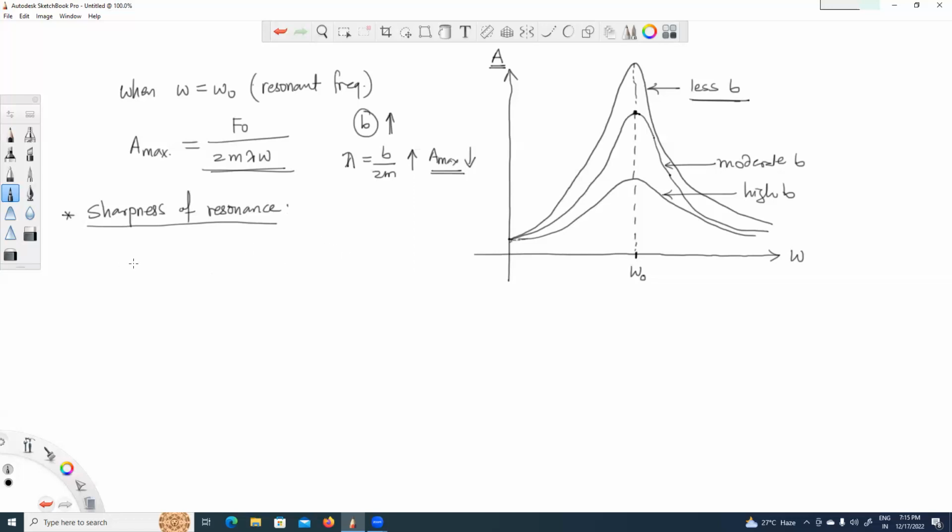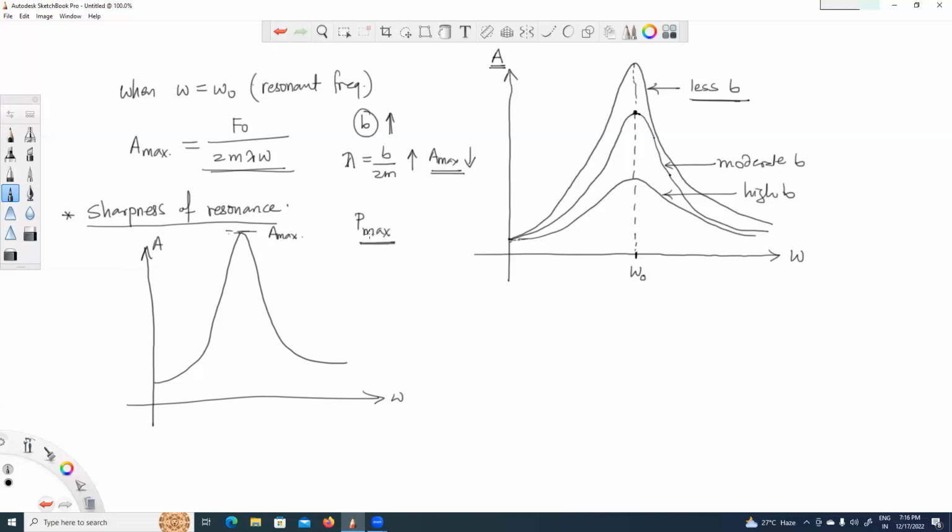If I take this particular graph again, this is A, this is omega. Suppose I take a certain value of B, so it will shoot up and again come back. Now, for this particular maximum amplitude, A max, there is a certain power dissipation. Let's call this P max.